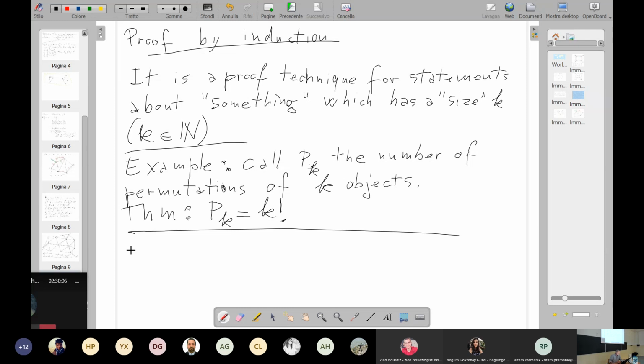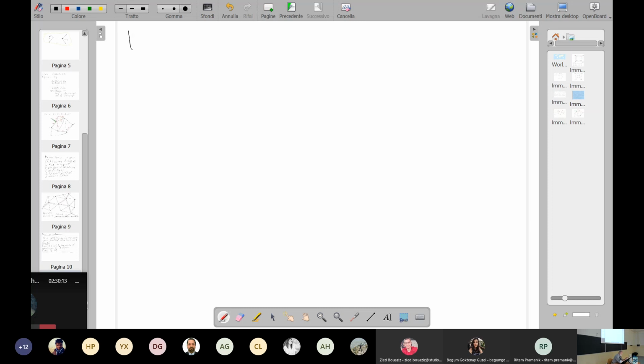But how is this technique composed? Two parts.